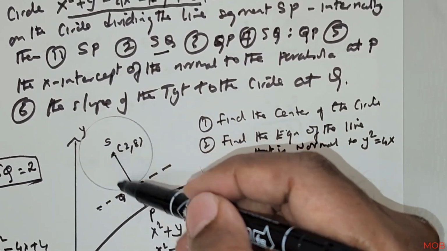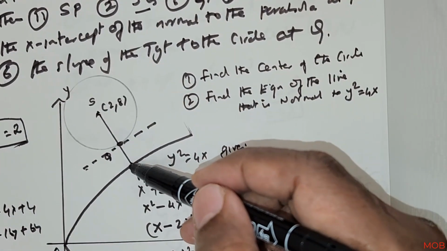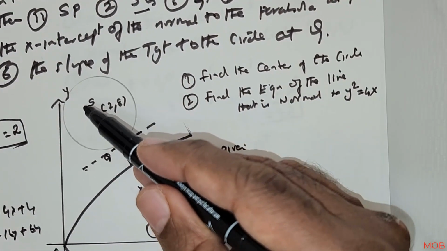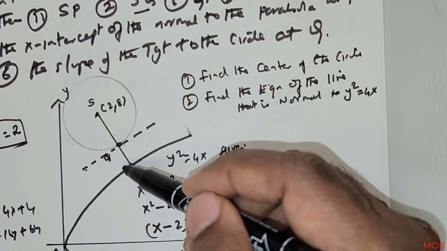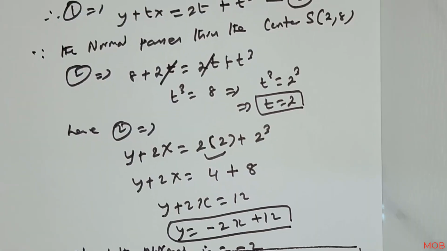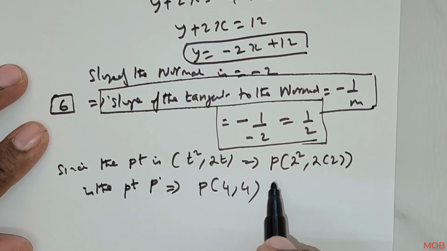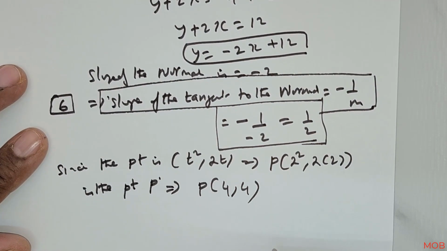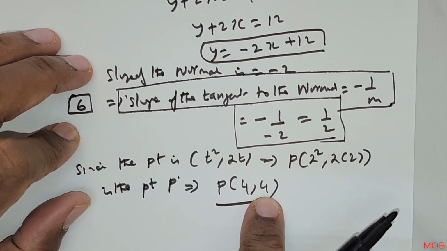So the point we are talking about is the point P, which is actually on the normal line. That is the reason I have placed here P of t squared comma 2t. So we have got P of 4 comma 4.